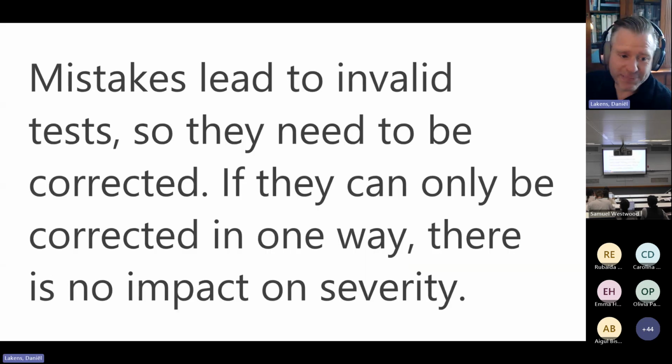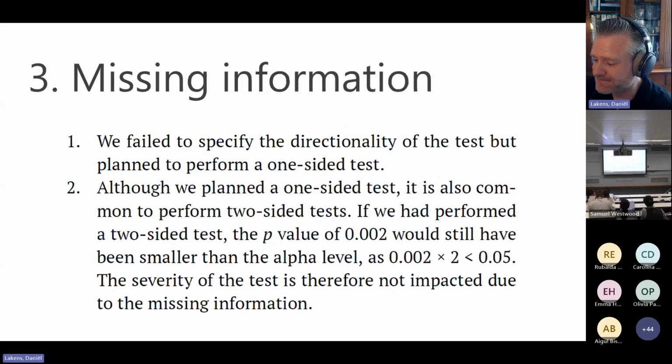If you would stick to the plan, of course, you're doing a useless test, an invalid test of a prediction. So you have to deviate, right? And if the way to fix the error is that there's only one way to do it, you're also fine. Often there's some missing information.